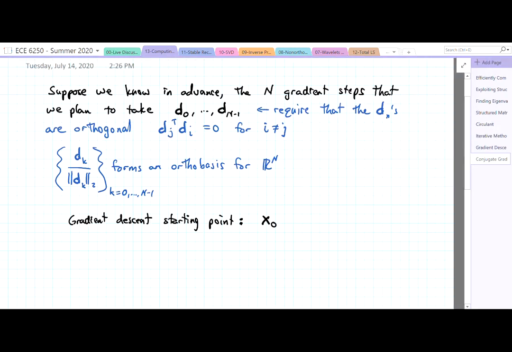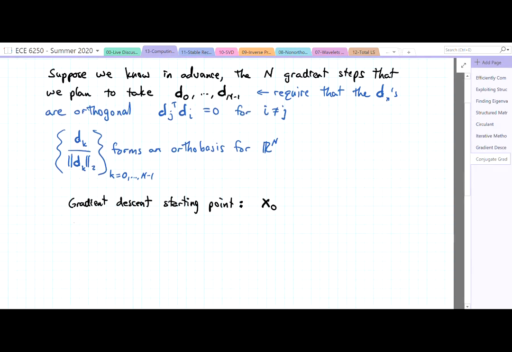Well, if x hat is our optimal, then our initial error we define as e0 is equal to x0 minus x hat, which is our solution.